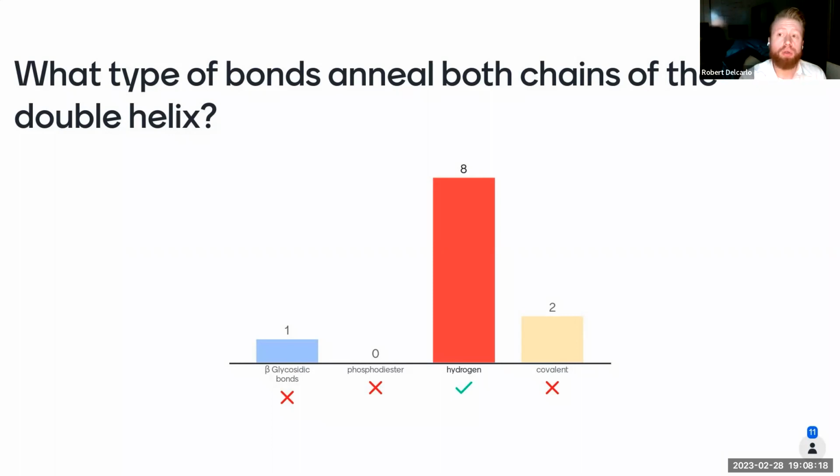Hydrogen bonds do not share electrons, which is the definition of a covalent bond. Hydrogen bonds only work by having gradients of electronegativity. You've got oxygen and nitrogen, which are electronegative.